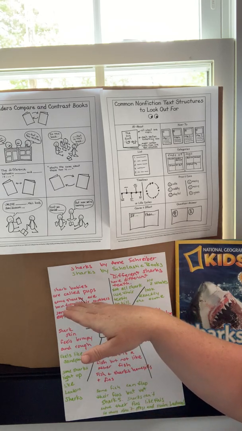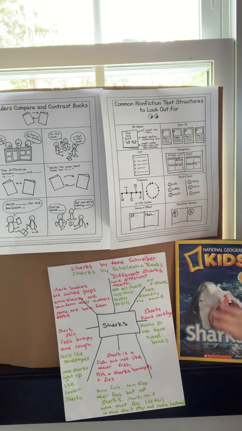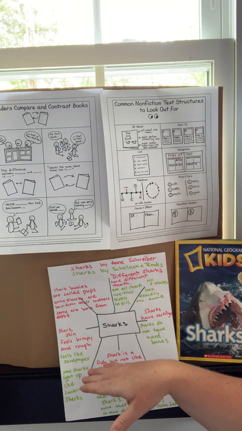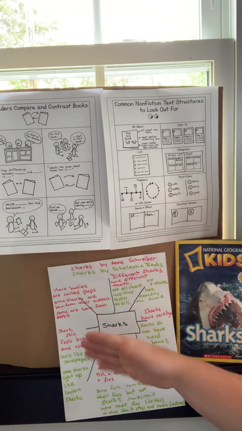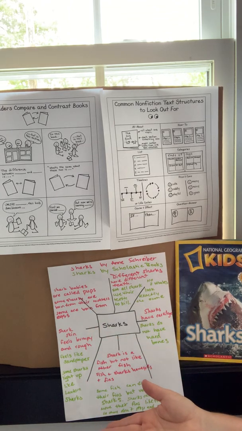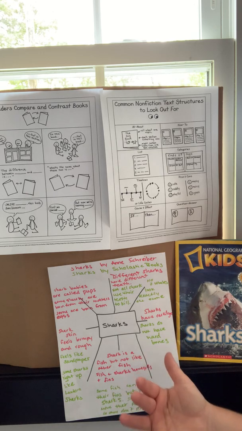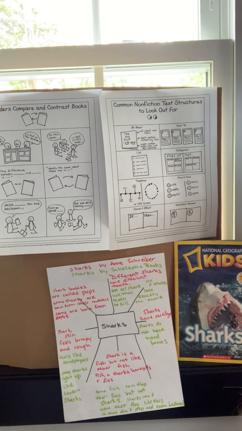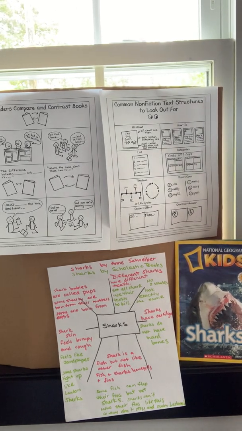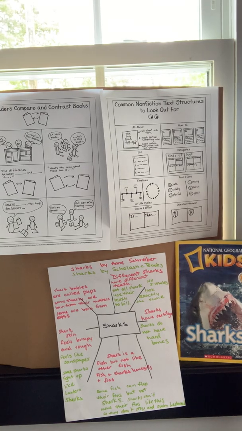Red was information learned from Sharks by Anne Schreiber, and the green writing was from the book Sharks by Ellen Northcutt. And basically, we were comparing the information, what was the same information from the books, but also it included some more thoughts that we had as we were reading.